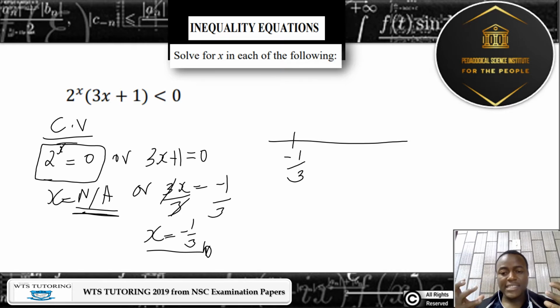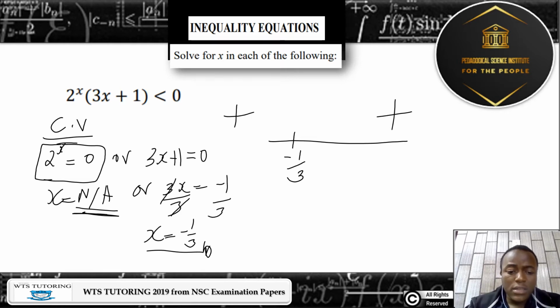You just test on which side this expression will be less than 0. It can be on this side or on this side. We don't know, so we are going to test.